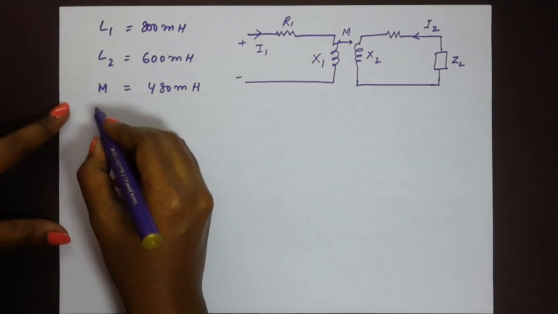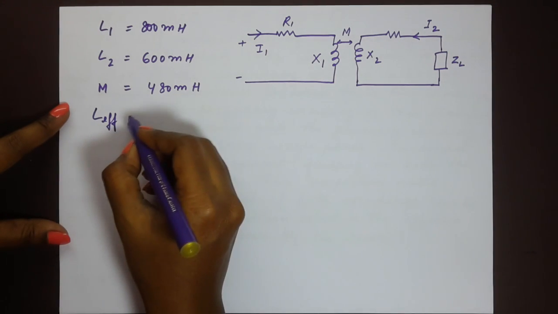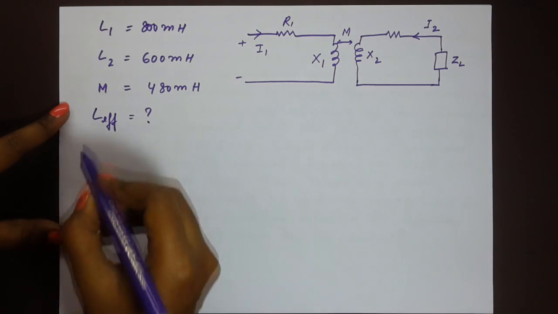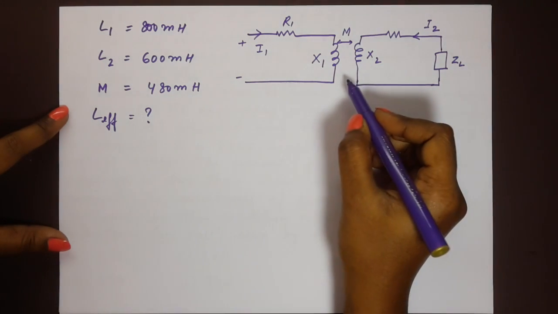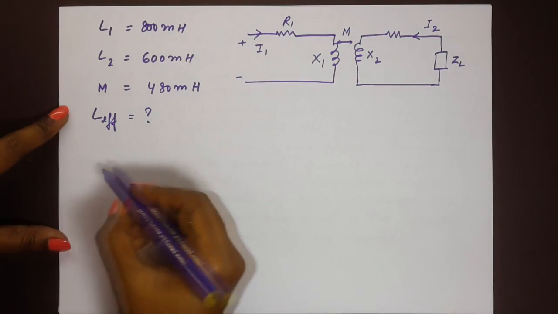Now we need to find out what the effective inductance is. In order to find out the effective inductance, we have to work it out in terms of the reactance of the primary and secondary side.